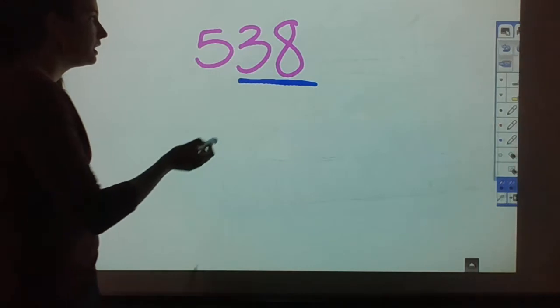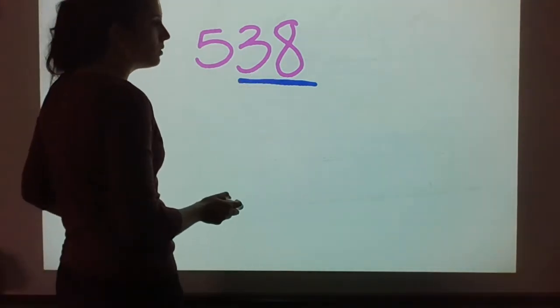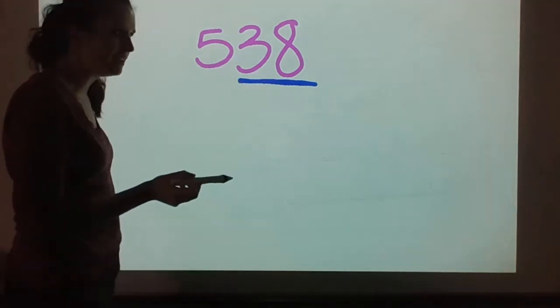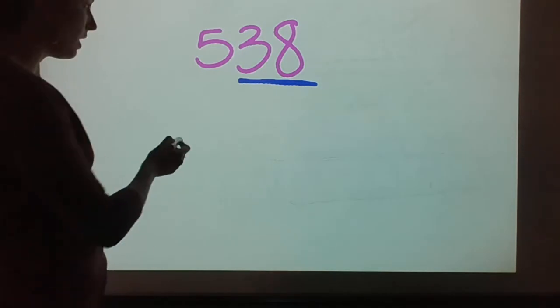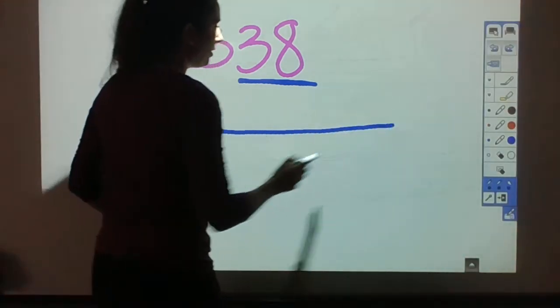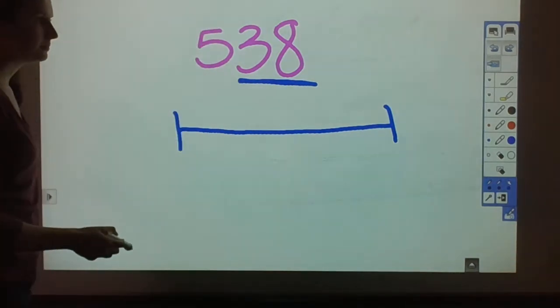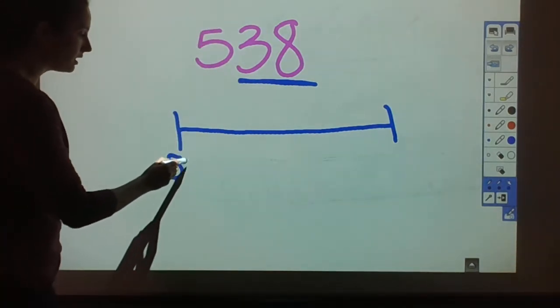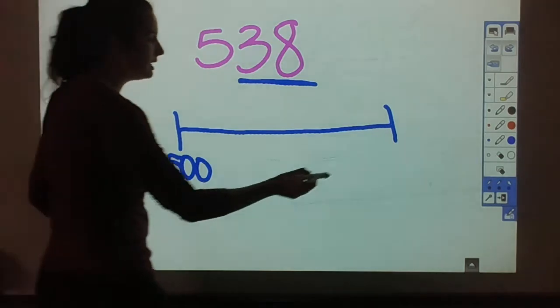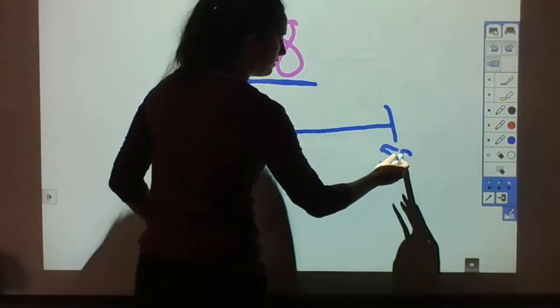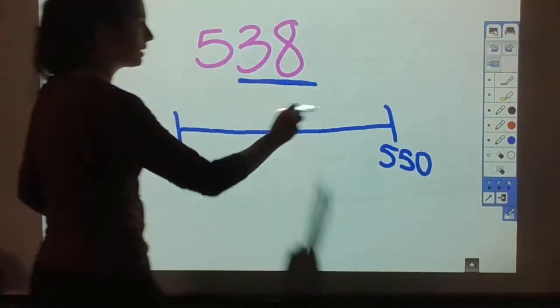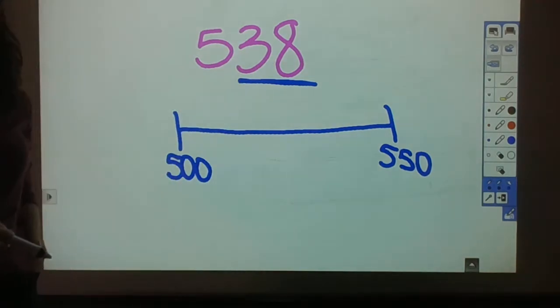All right. I notice that I see an 8 in the ones place. I'm thinking I'm probably going to round up, but I need to show how I'm going to round up. I'm going to start my number line at 500 and end my number line at 550. That kind of gives me a good bracket to show where 538 lands on a number line.